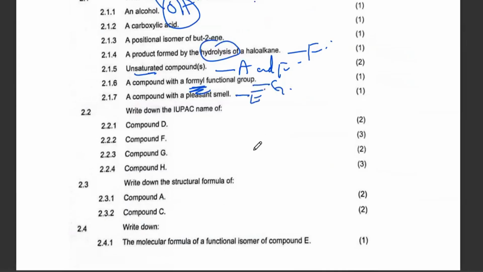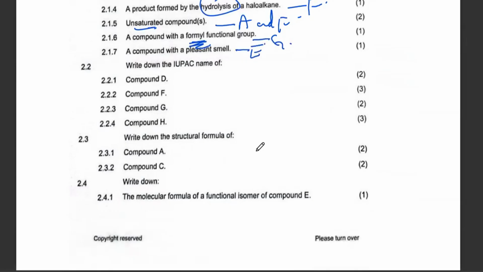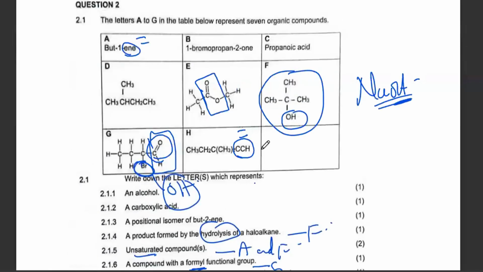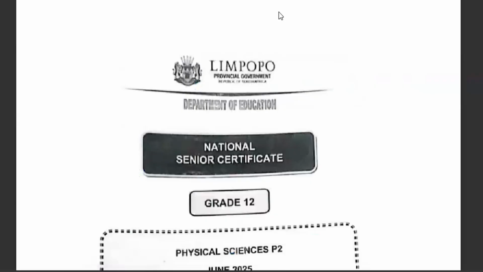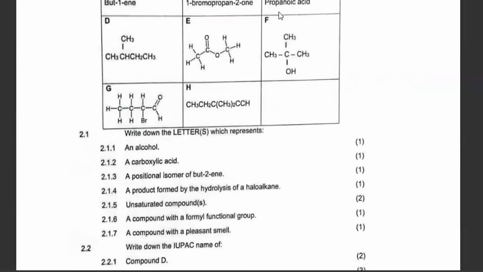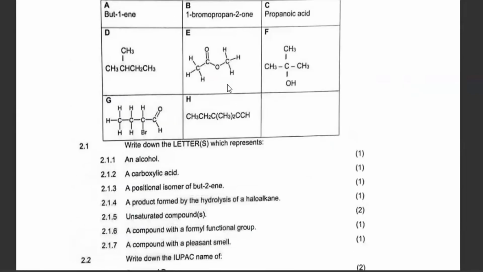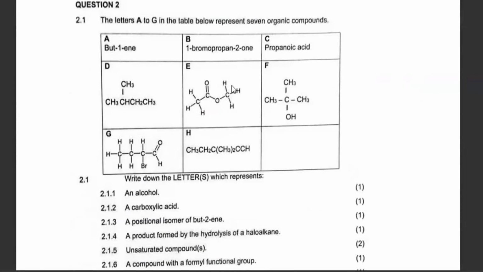So we are saying that write down the IUPAC name of compound D. Let me first clear it up. Okay, they are looking for this. So compound D is going to be 1, 2, 3, 4.